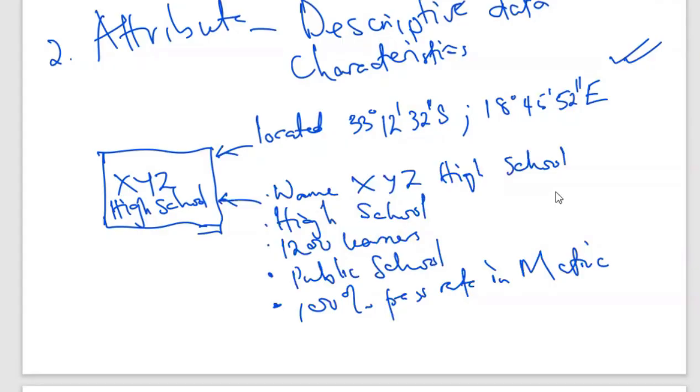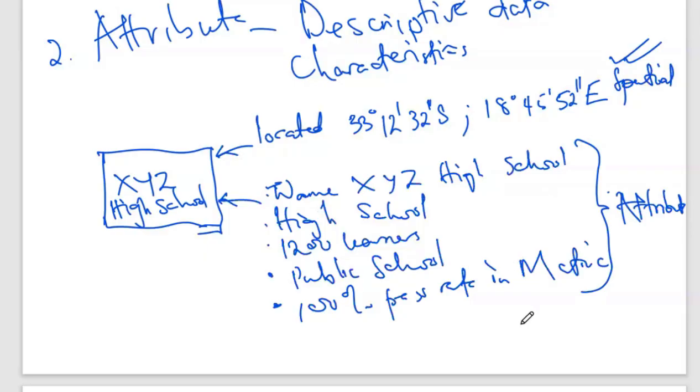It's no longer location or the shape, but now we are giving the details about the school. So this is attribute, and this is spatial. Those are the two types of data that we have in GIS.